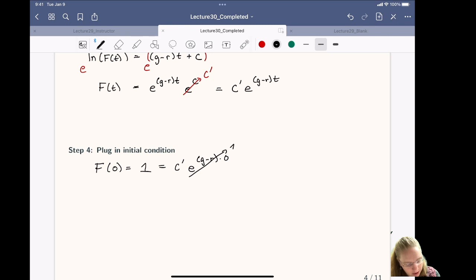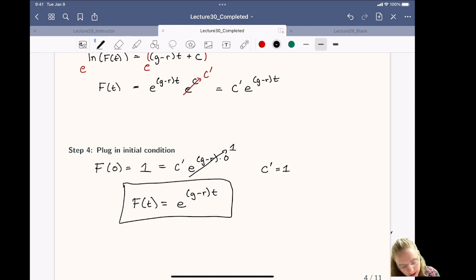Anything to the 0th is 1, which means that c prime equals 1. Plugging that into our equation up here, we have f of t is equal to 1 e to the g minus r times t. And this is our solution that did not involve any guessing whatsoever.